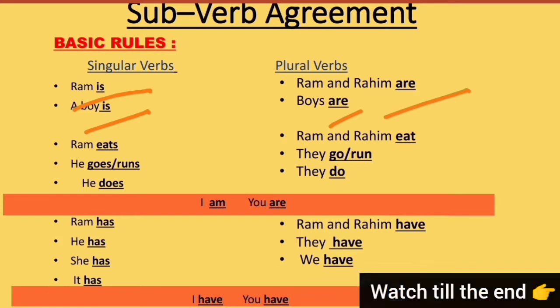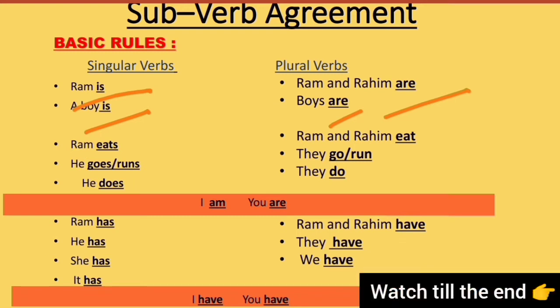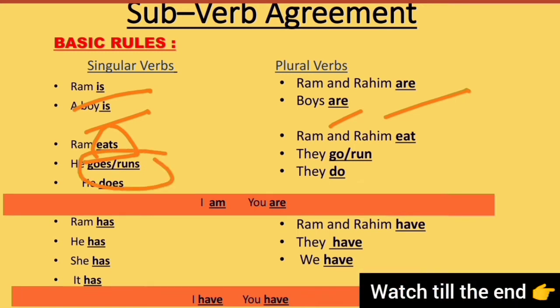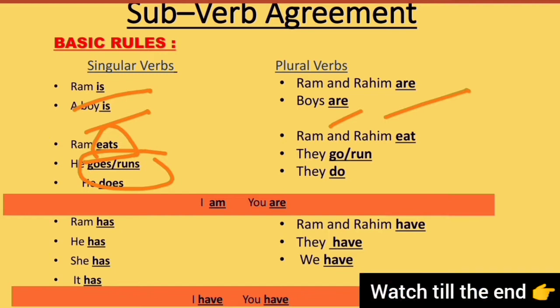And if it is third person and singular number, then it takes s or es. If it is third person singular number and it must be in simple present tense, then it takes s or es.